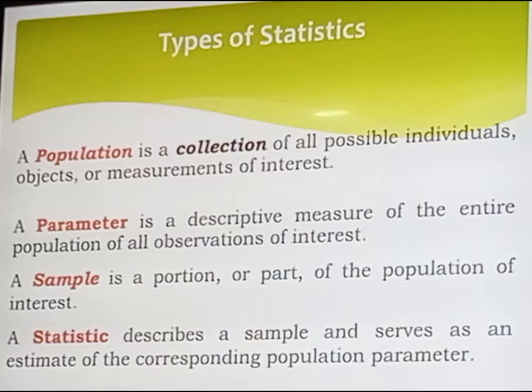Out of 30, if we select only 10 or 5 students, then it is called a sample. When it is a sample, we will use statistic, and we cannot generalize the sample respondents' results to all 30 or maybe 100 students like that.